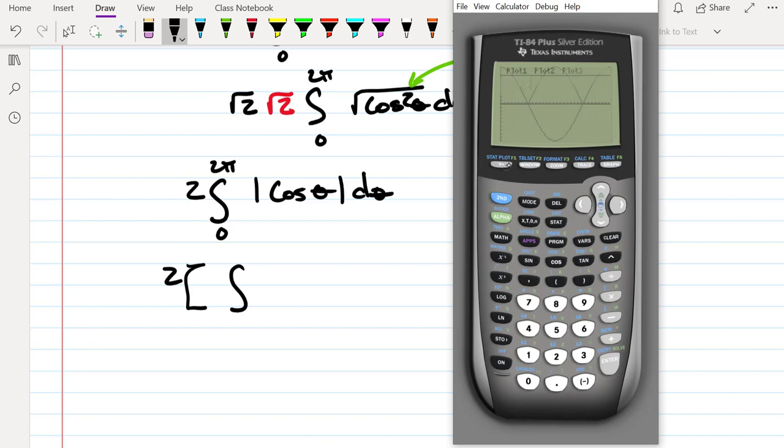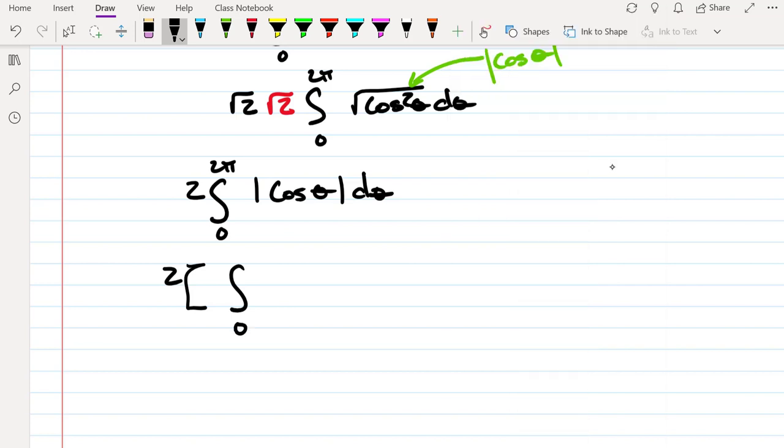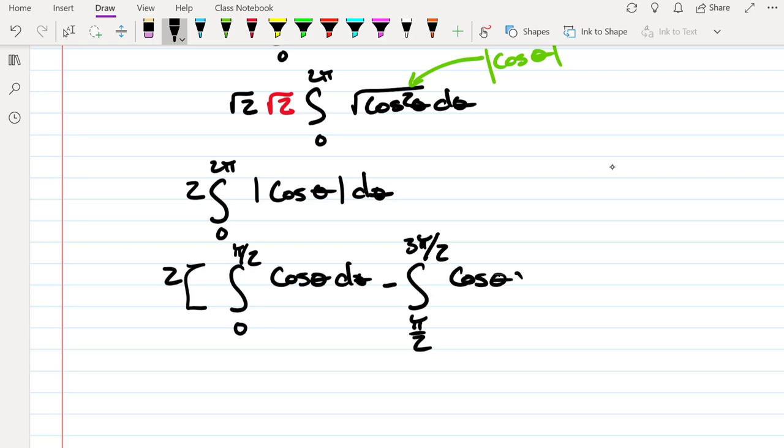So based on what we saw here, cosine is positive from 0 to pi over 2, so we can just integrate cosine theta d theta, but then it's negative from pi over 2 to 3 pi over 2, so we would subtract that area to make it positive, and then it turns positive again from 3 pi over 2 to 2 pi of, this time, cosine theta d theta.